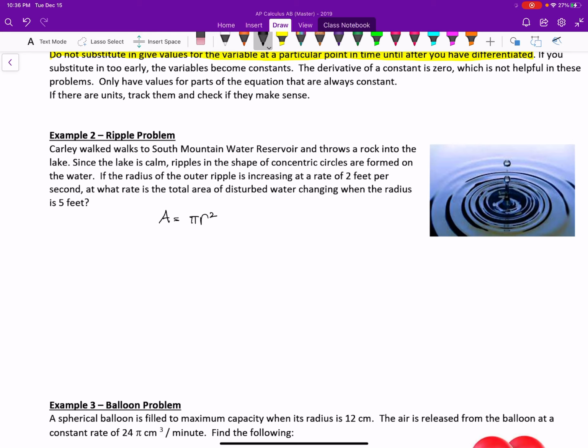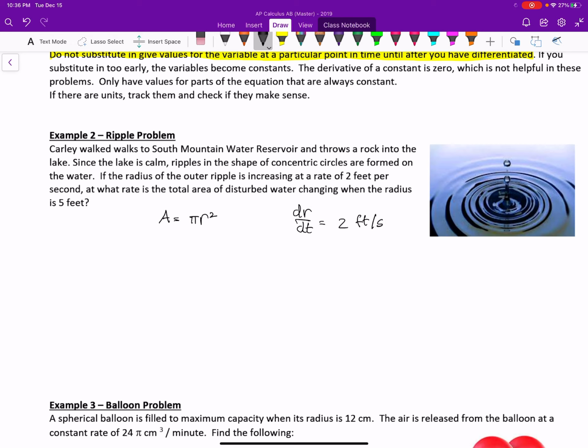Now it's saying the radius of the outer ripple is increasing at a rate of 2 feet per second. So I'm telling you that dr/dt is equal to 2 feet per second.